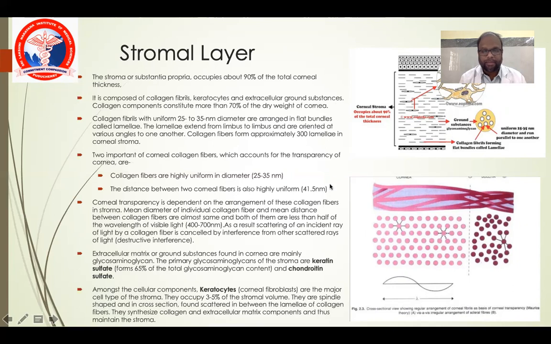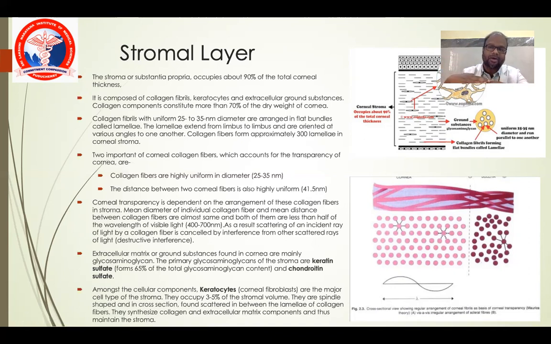The collagen fibers in the stroma, if you see here, have a uniform diameter of 25 to 35 nanometers, and they are arranged in flat bundles, like an arrangement of pipes or tubes. These flat bundles are stacked one over another.